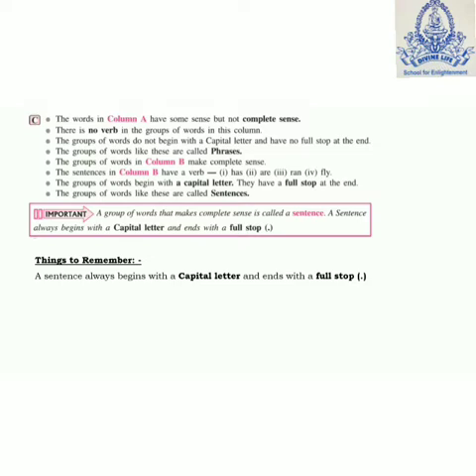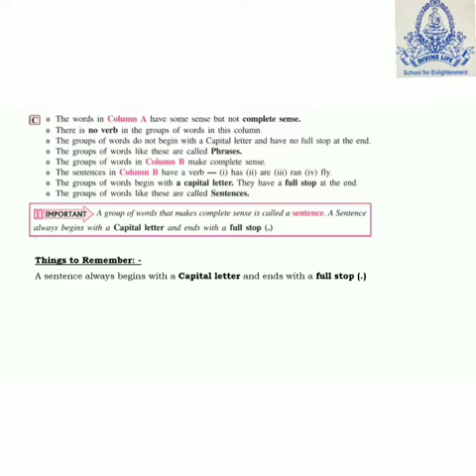Now one thing very important, once again we will go through the definition after all these examples. Listen very carefully. A group of words that makes complete sense is called a sentence. The group of words, if we put them together in a right order, are called a sentence.